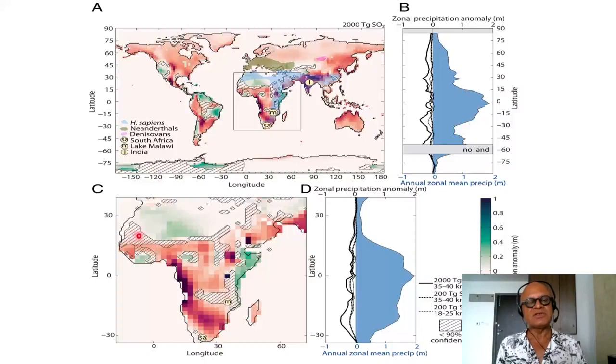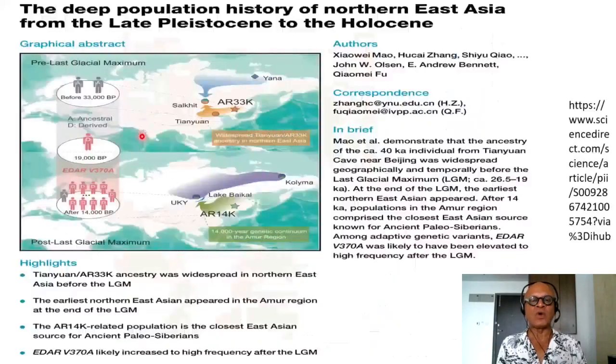The striped regions are where the confidence in the results is low, less than 90% in a statistical test. So obviously important, but just keep in mind that local manifestations of a global driver like volcanic eruption become very important in inferring the impacts on the environment, landscape, resources, and on the hominins as well.